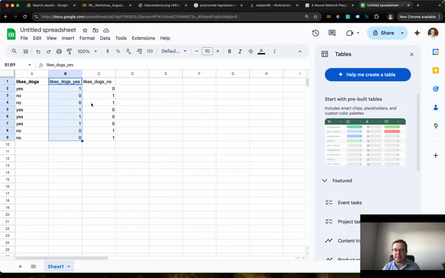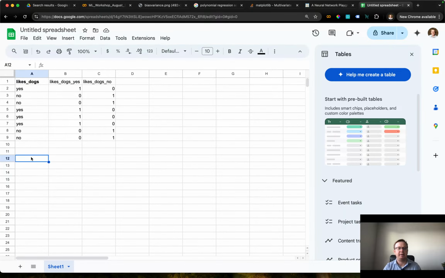No, they're just opposites of each other. There's no new information in this column that was not already captured by this column. And so there is no point to one-hot encode a binary variable. It's already as signal rich as it could ever be, okay? So no point in doing this.